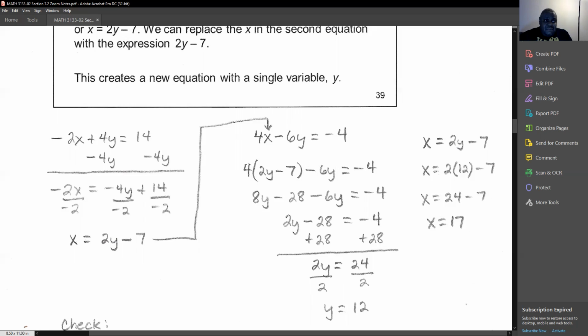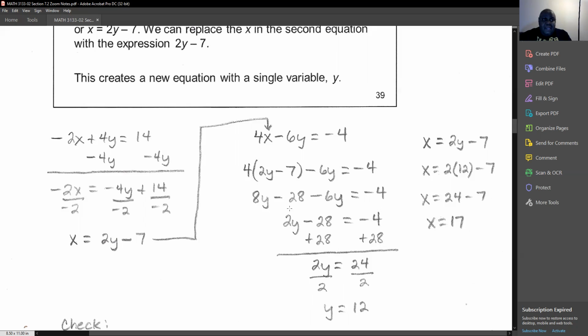Now here I use the distributive property. I distributed the 4 over the 2y minus 7 through multiplication. So 4 times 2y gives me 8y, and 4 times minus 7 gives me minus 28. Then bring down the minus 6y equals negative 4.